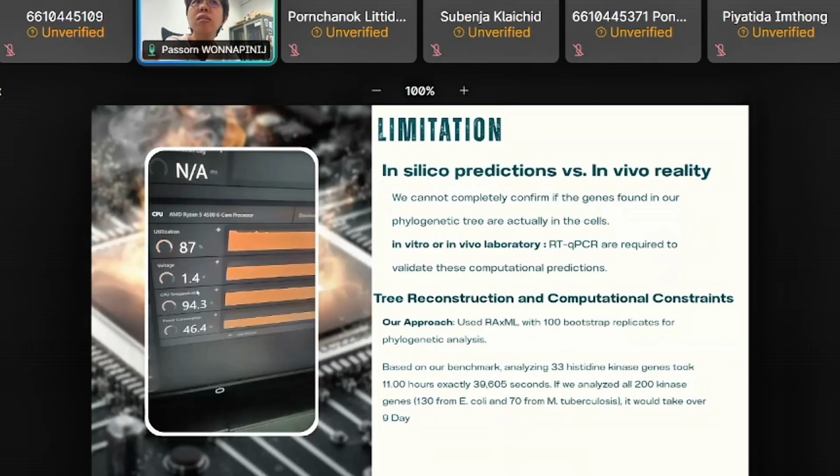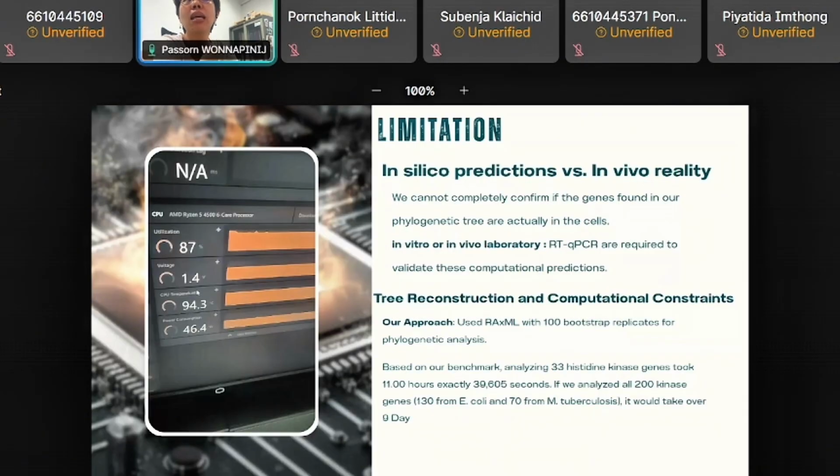These are only 33 genes from 2 species, right? Yes, just 33 sequences. And how long is the alignment? The alignment or building the tree? Very few minutes or few seconds.